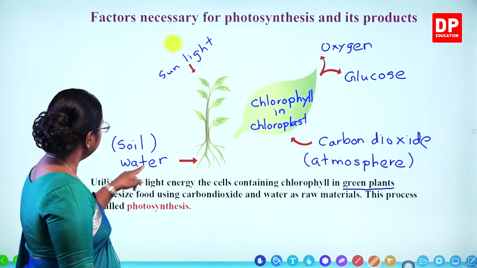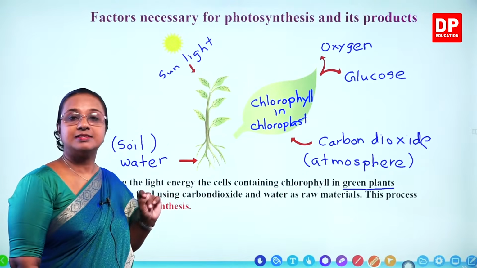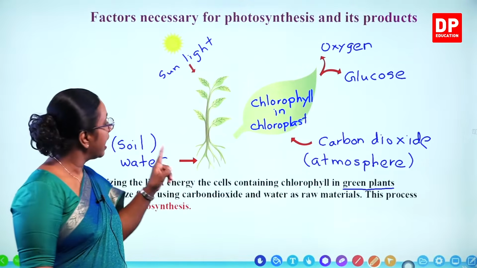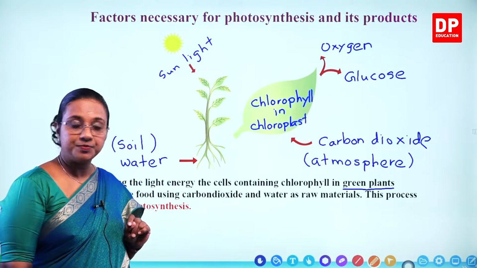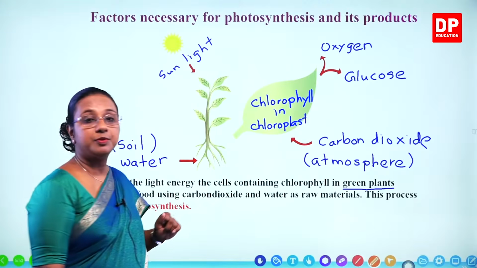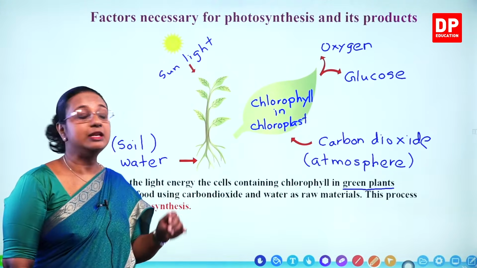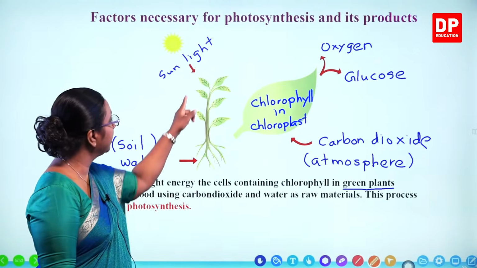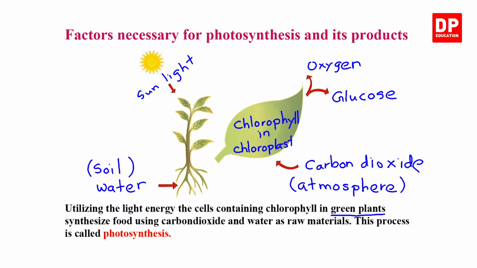Now we will see the water, that is a raw material necessary for photosynthesis. I said water is obtained from the soil, but it has to travel up to the leaf. Now we will see the way in which water from soil reaches the mesophyll cells of the leaves.